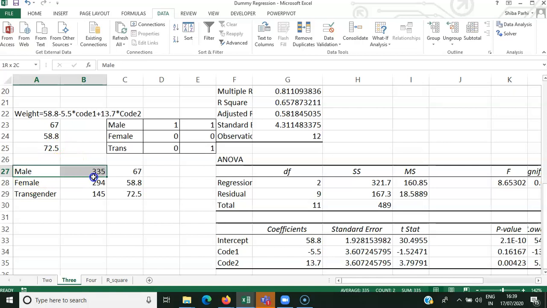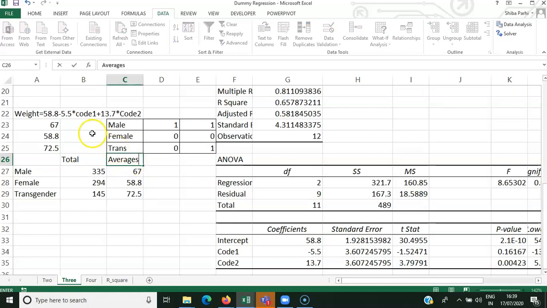I have taken the total weight of the male and similarly the averages. So the same averages we are getting through this model, and the differences of them are here: 67 minus 58.8, and 72.7 minus 58.8 is 13.7.